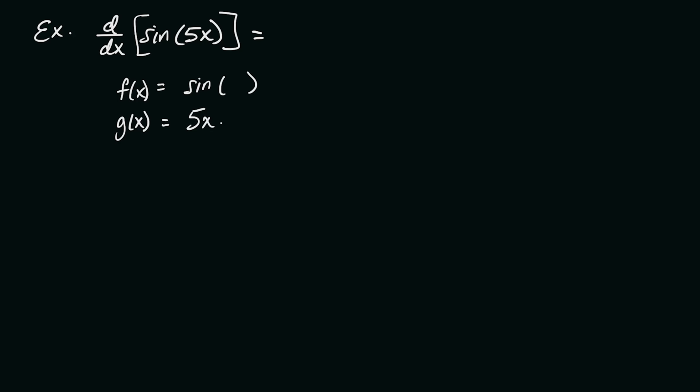Since we have to find the derivative, f prime is the derivative of sine, which is cosine, so just cosine in the parentheses. And of course, g prime of x, the derivative of 5x, is just equal to 5.